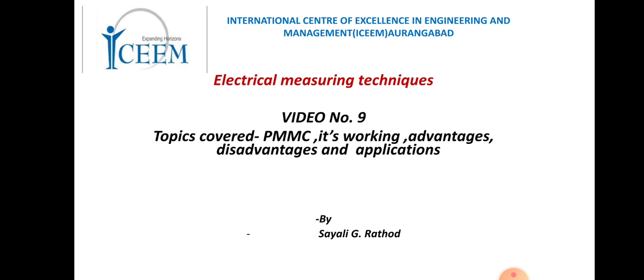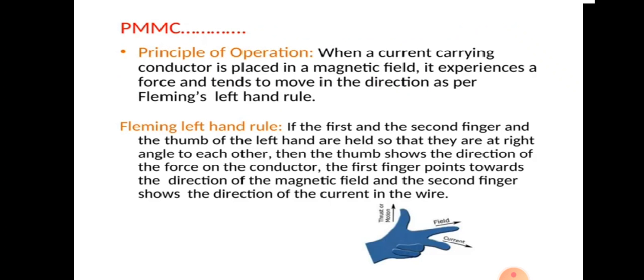In today's video we will see the PMMC, and the next video, video number 10, will consist of all the details related to MI instruments. So let's start with today's topic.